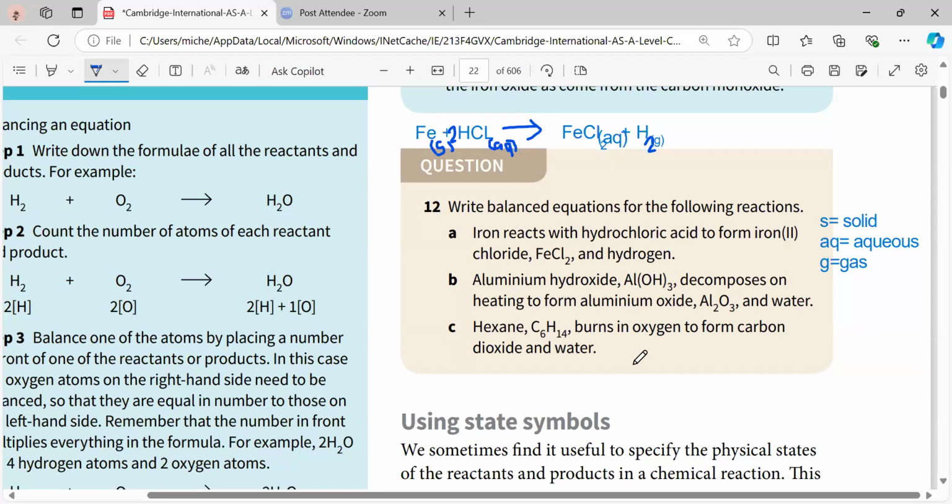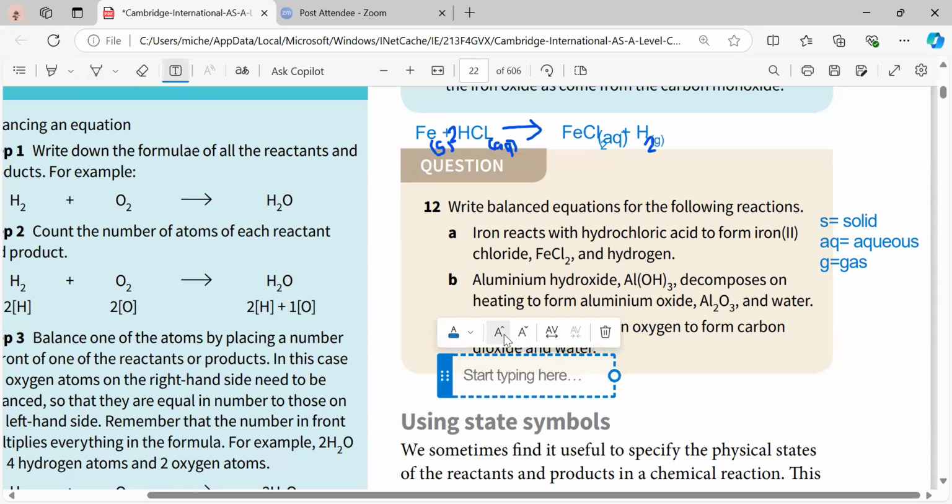Okay, so we're going to go through this. We have hexane right here. It's already written, the compound, which is C6H14. So we're going to write it down. We're going to write the C. Okay, that's too small. I'm going to make the letter bigger.